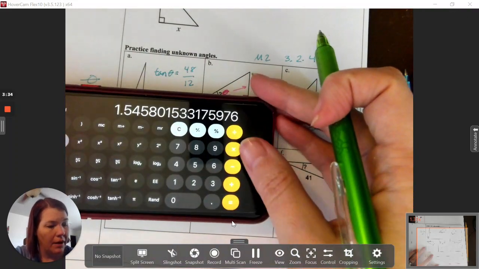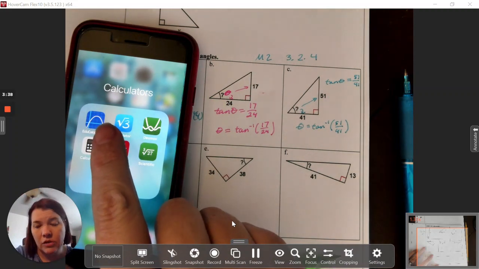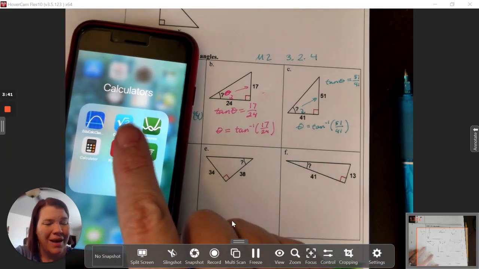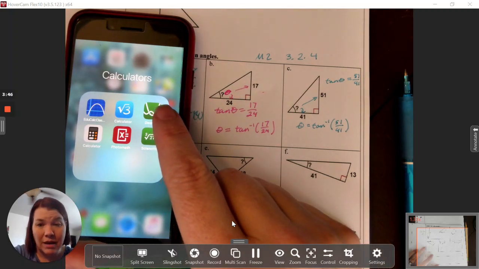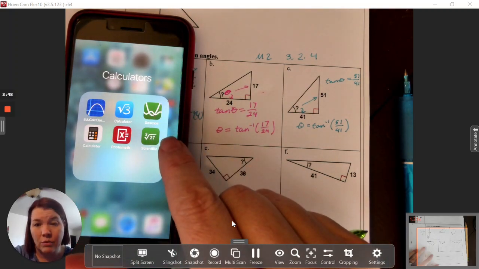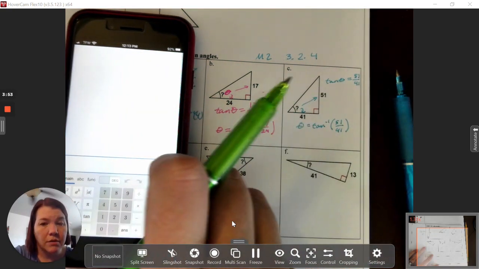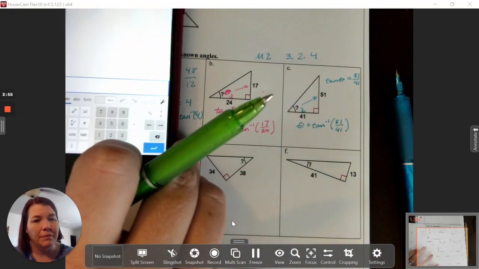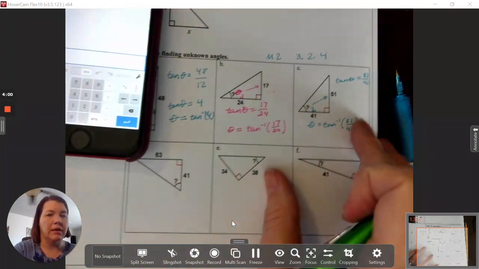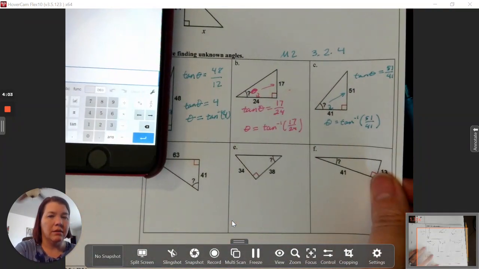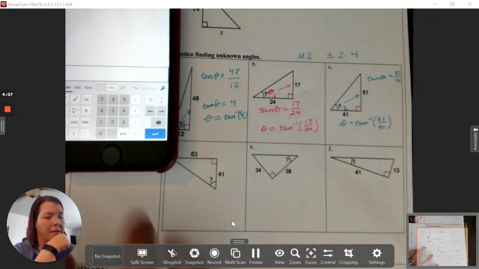I found another calculator. We've got this one, which is just a graphing calculator, my script calculator, and I would use that, but it has its limits. Then we have Desmos, the scientific calculator, and this is the new one. It's a lot of white on the screen, but I can use this to type in tangent inverse.